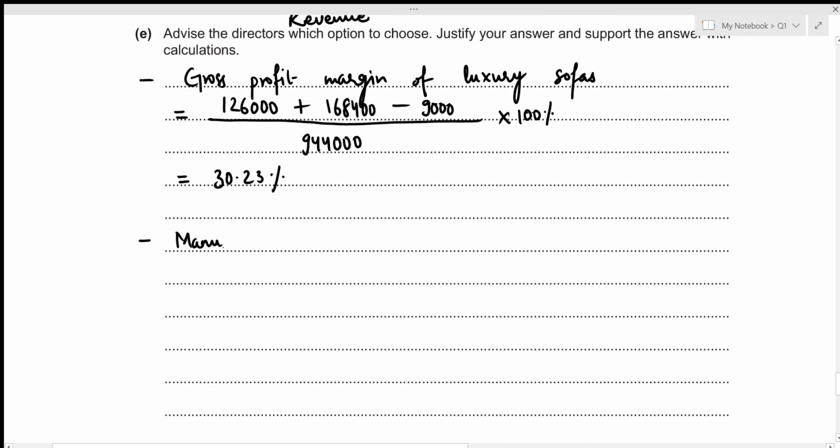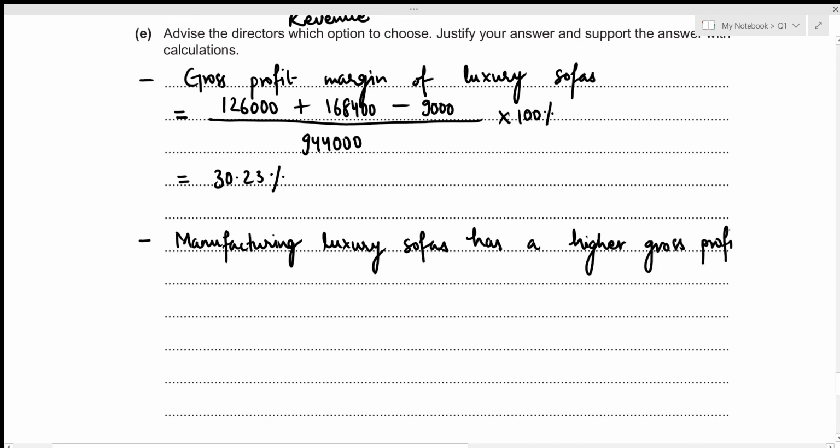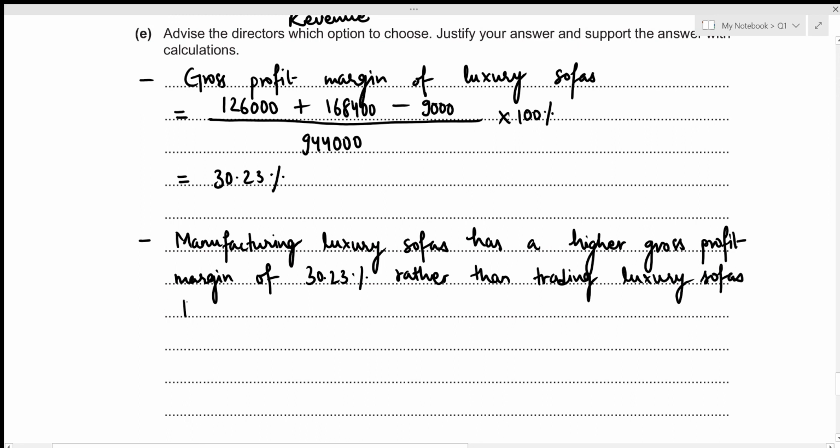Manufacturing luxury sofas has a higher gross profit margin of 30.23% rather than trading luxury sofas that has a gross profit margin of 20%.